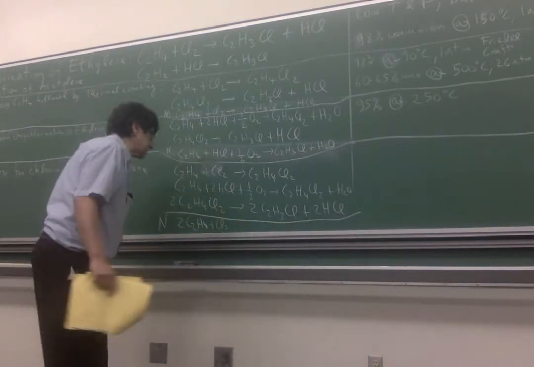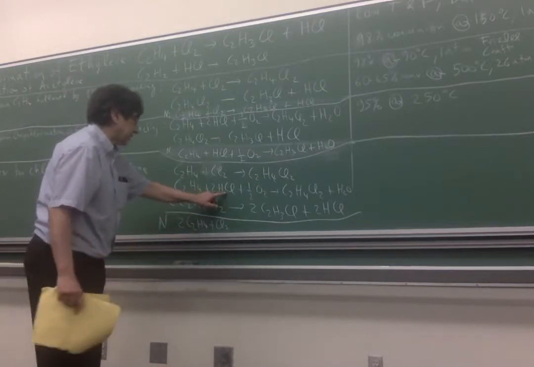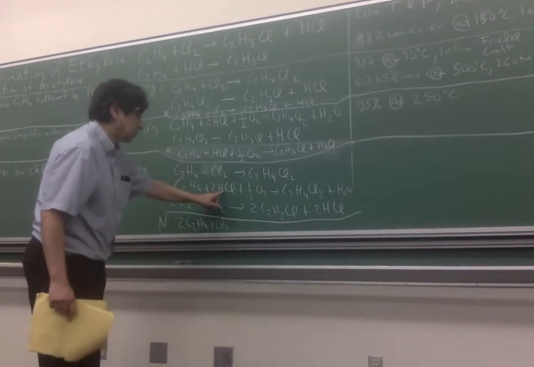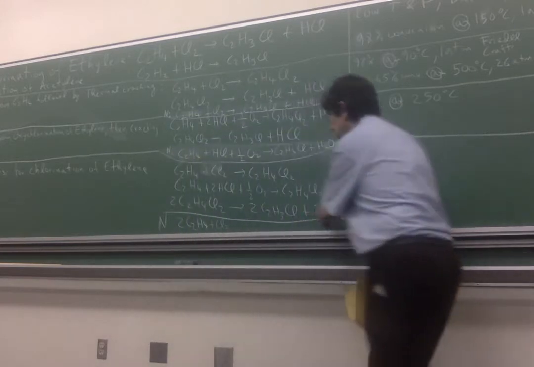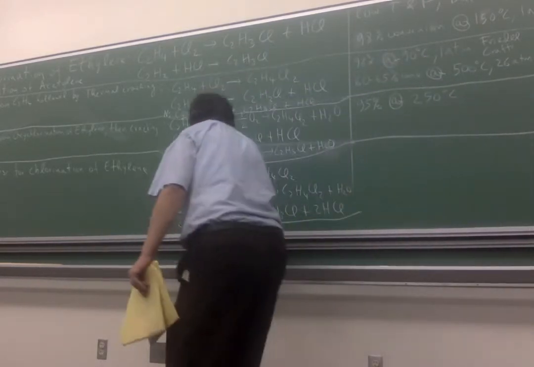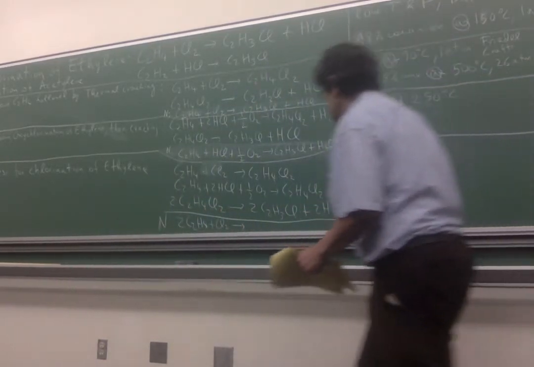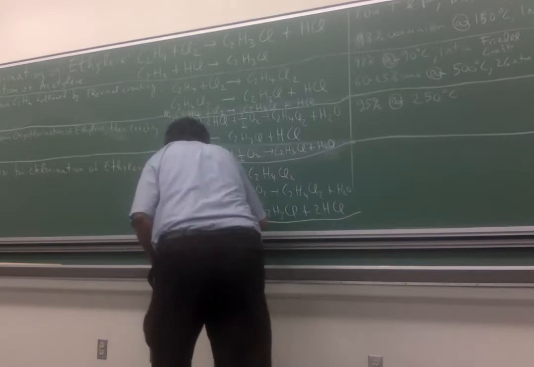And what do we have on the left-hand side? We have two HCl here, but we have two HCl as product here, right? So no HCl in the net reaction, and we add one half oxygen.